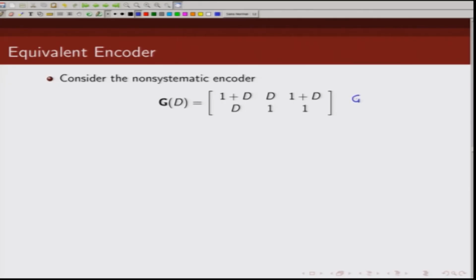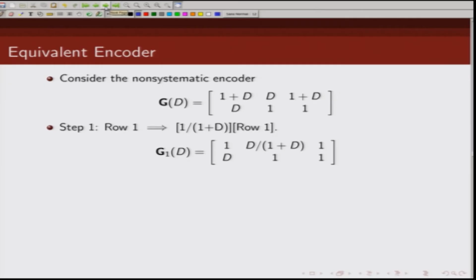The generator matrix G'(D) should be of the form identity and some matrix P. So, what we want is of the form 1 0 something here, 0 1 something here. So, we want to convert this into a form of this type. We will do elementary row operations to bring this generator matrix into a generator matrix of this form.